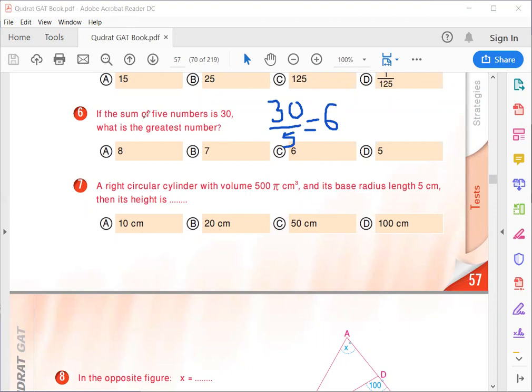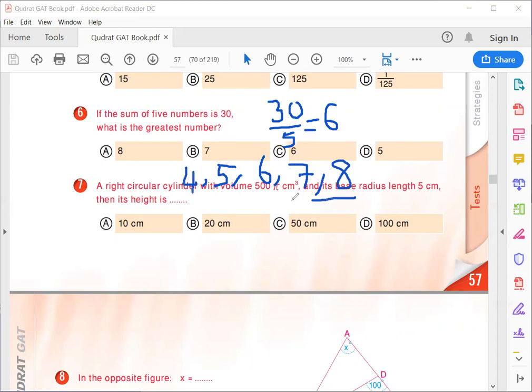So I write 6 in the middle. Then after 6 is 7, and before is 5. After 7 is 8, and before 5 is 4.